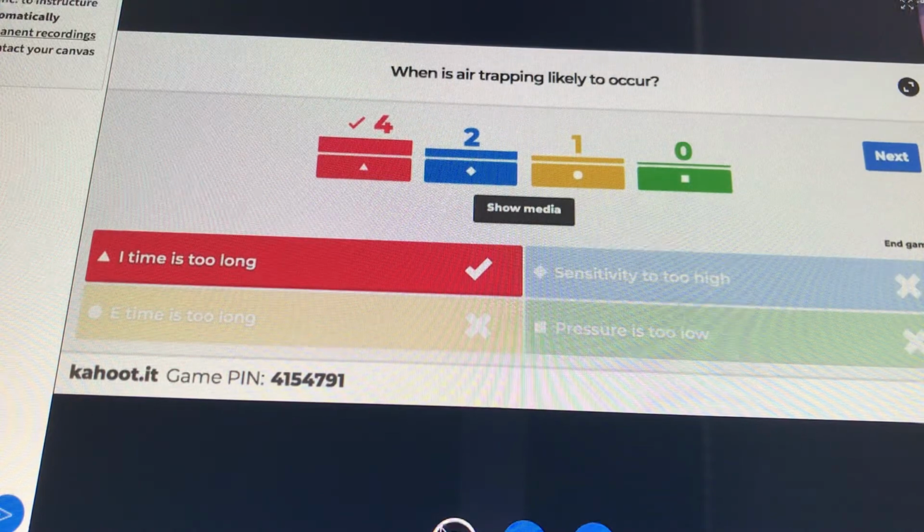Your E time should be longer than your I time. Really no such thing as too long of an E time, unless your rate's too high. And then sensitivity being too high is going to cause auto cycling. Doesn't have anything to do with air trapping.